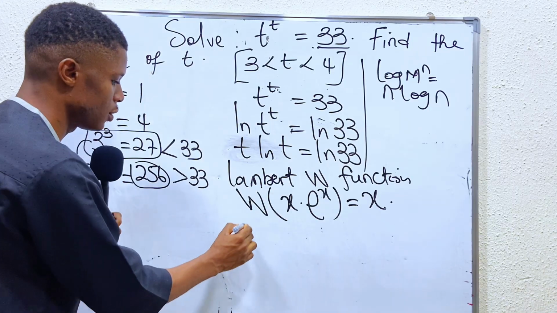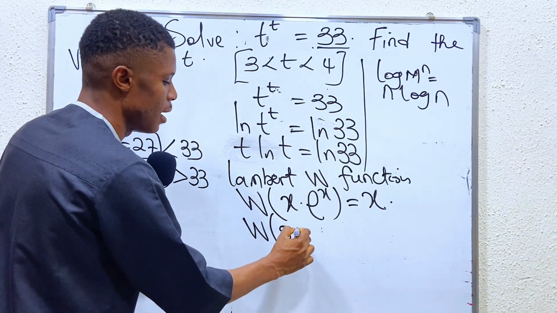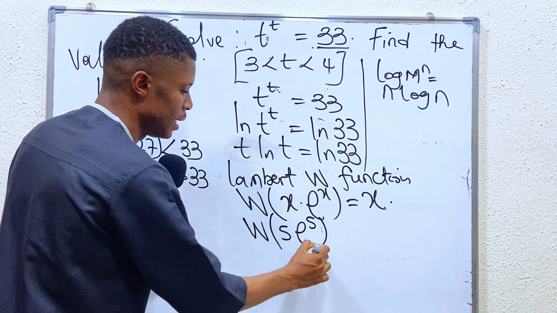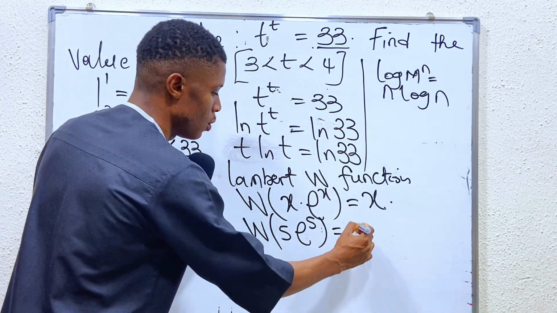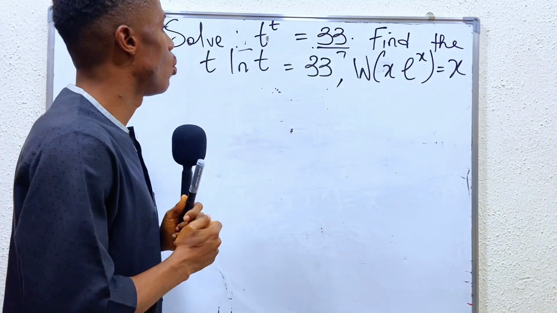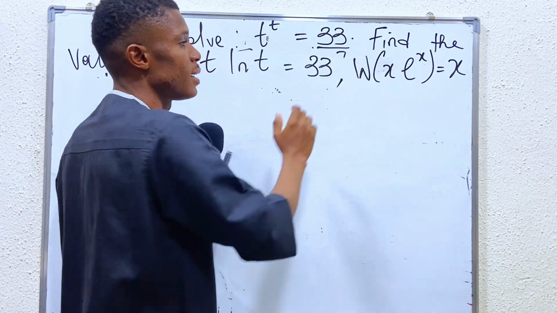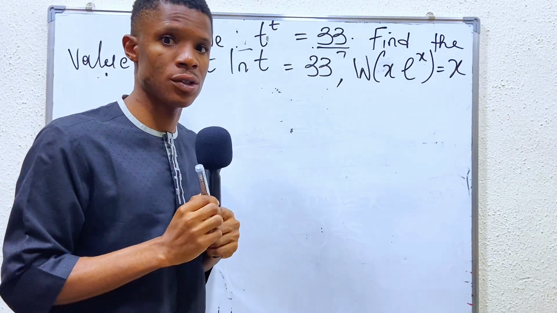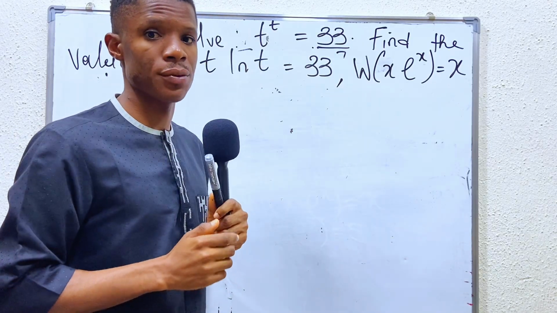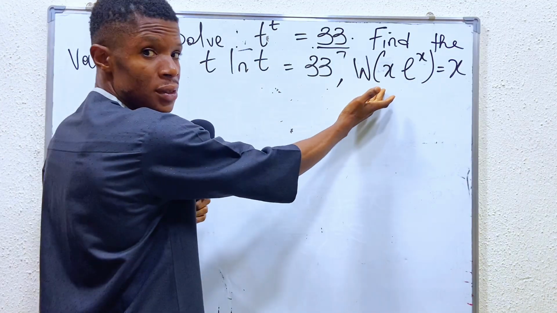If you have 5 exponential 5 under the Lambert W function, the output is also equal to 5. I'm just giving you an instance. We need to convert this particular function and put it back into the Lambert W function, so we need to write this in terms of this.